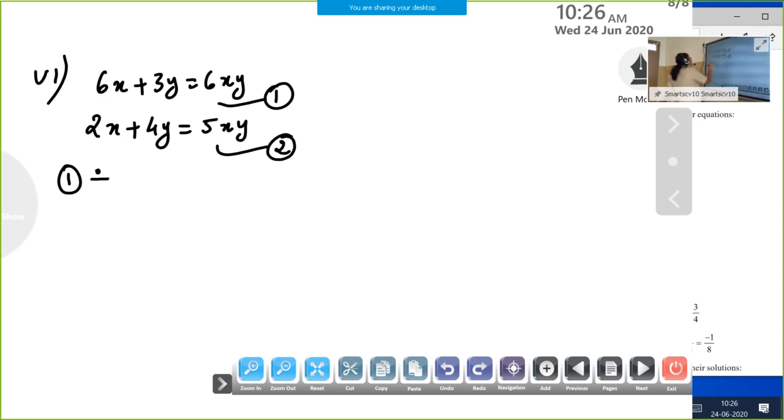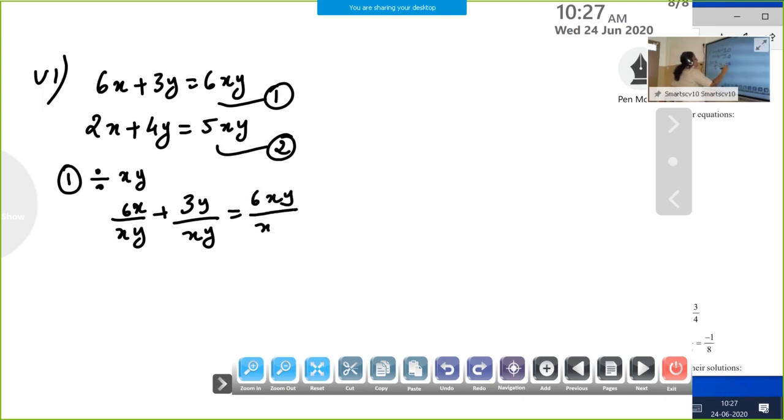Divide the first equation throughout by xy: 6x divided by xy plus 3y divided by xy is equal to 6xy divided by xy. Here x and x cancel, y and y cancel, xy cancel. That means the equation becomes 6 by y plus 3 by x is equal to 6. This is equation number 3.